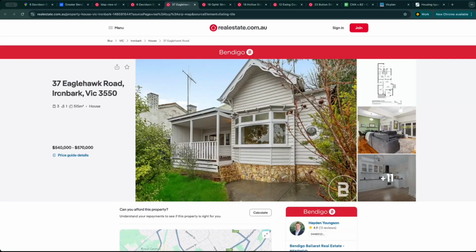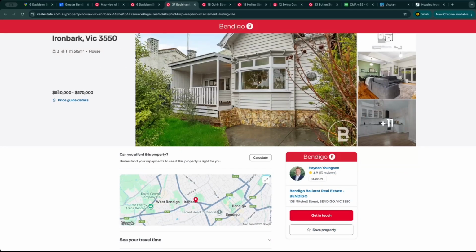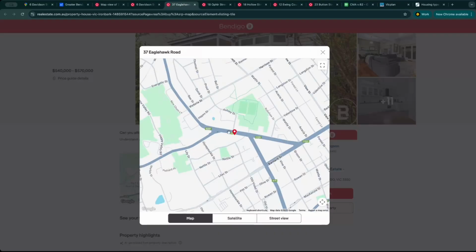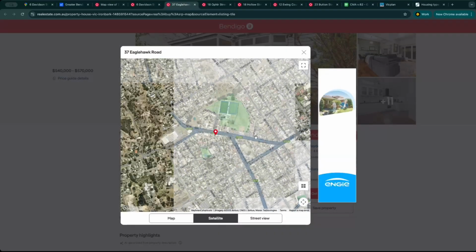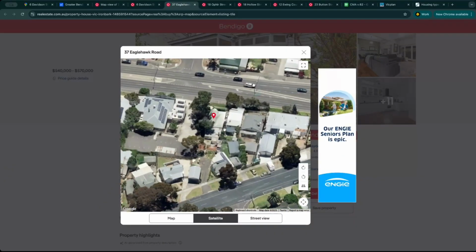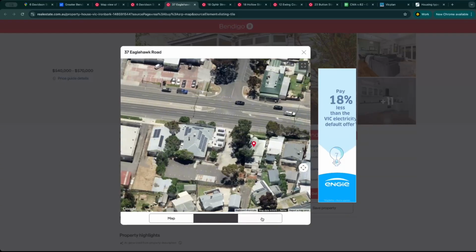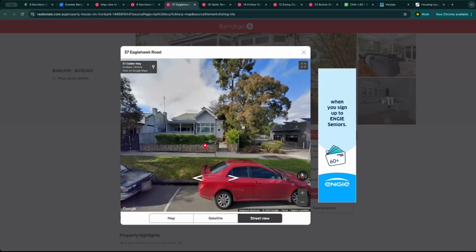Number 37, Eaglehawk Road in Ironbark. So 3 bed, 1 bath, 500 square meters, around the mid-5s price range. One concern that I had was around the fact that it is on a main road, and this is a pretty big red flag. This is the house.